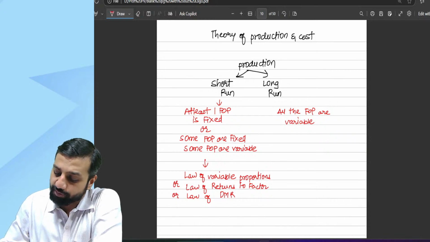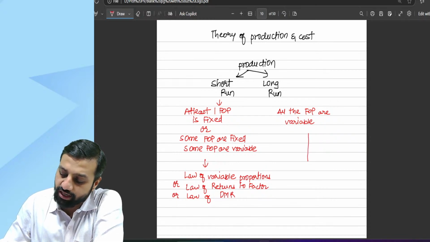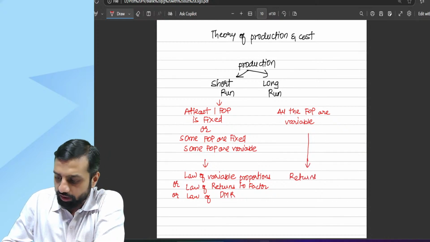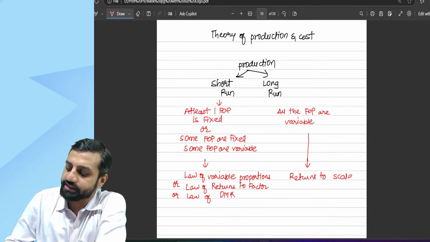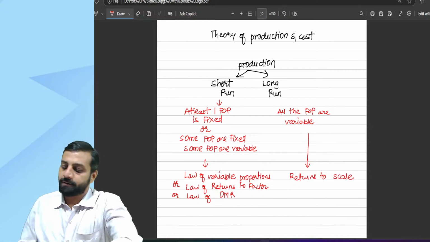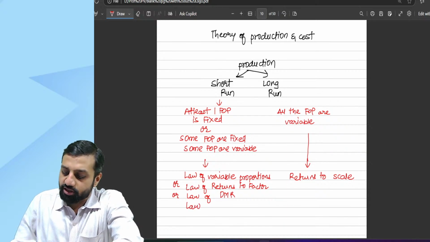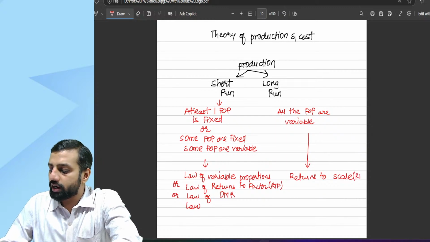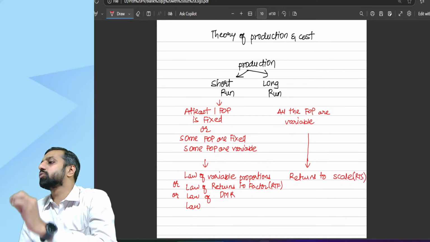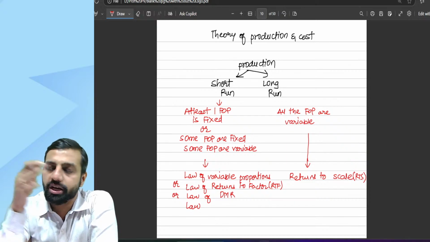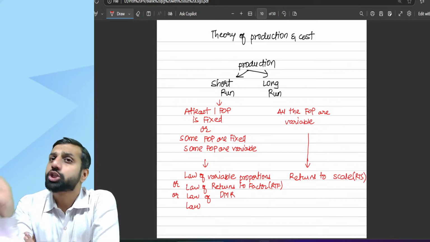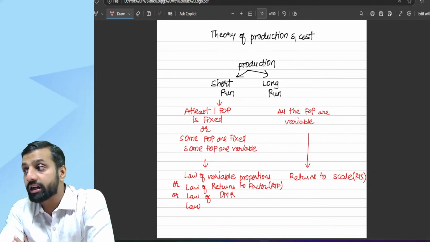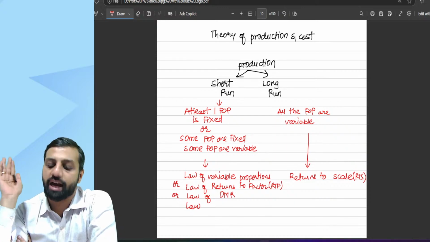When all the factors of production are variable, we study a law called returns to scale. This is called the law of returns to factor, whereas this is called the law of returns to scale. How do we differentiate between the short run and the long run? Short run, at least one factor of production is fixed, whereas long run, all the factors of production are variable.